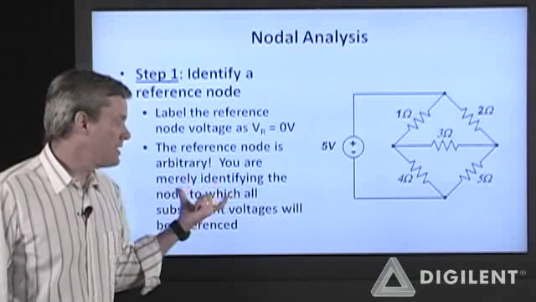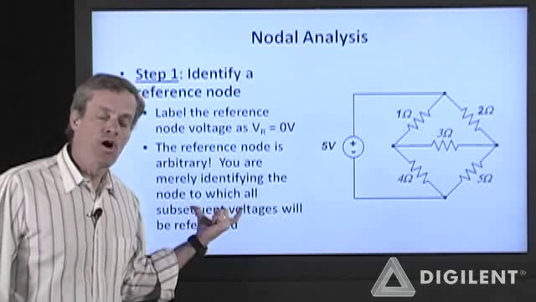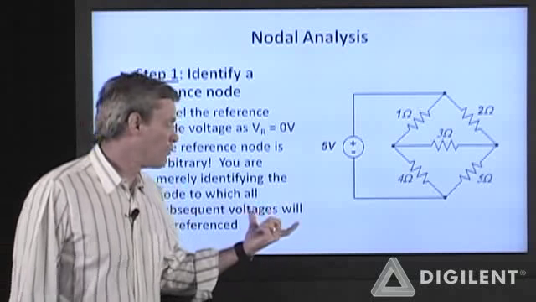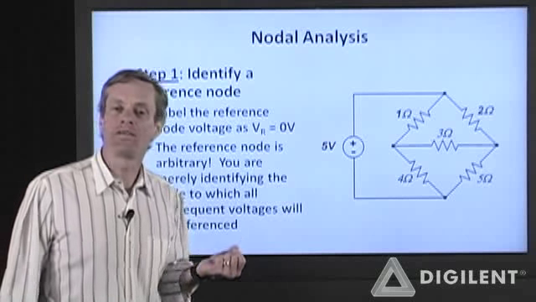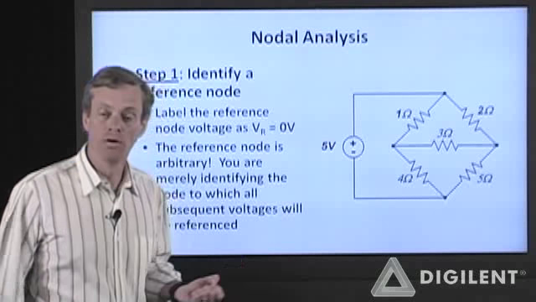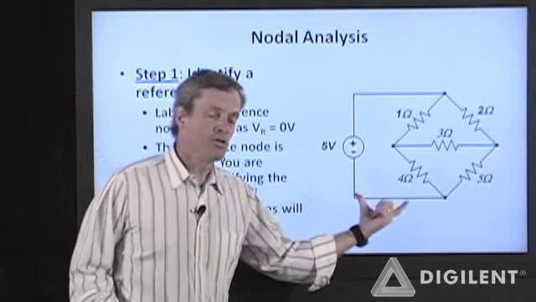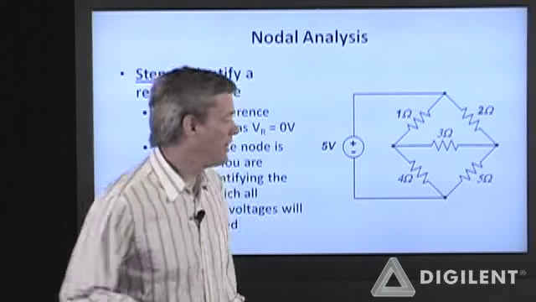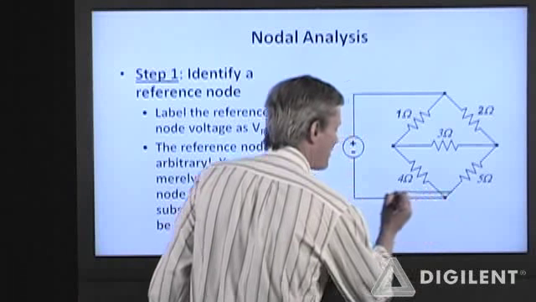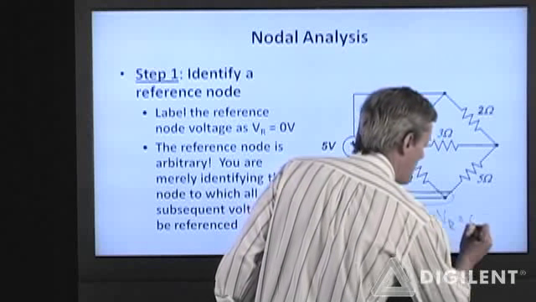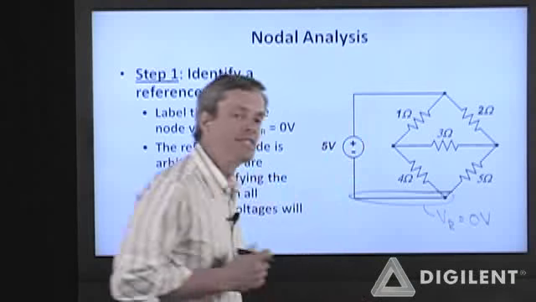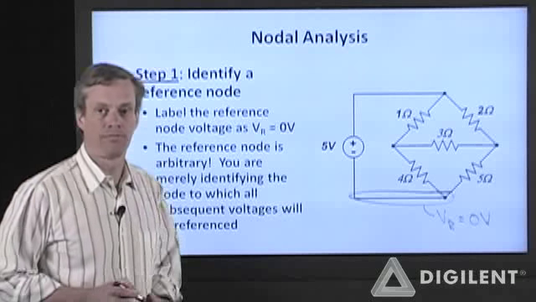You are identifying a node that gives you the reference value that all your other voltages are calculated relative to. For this particular circuit, you can identify anything you want as the reference node. I'm going to rather arbitrarily say that this is V sub R, and that's what I am going to consider to be 0 volts.